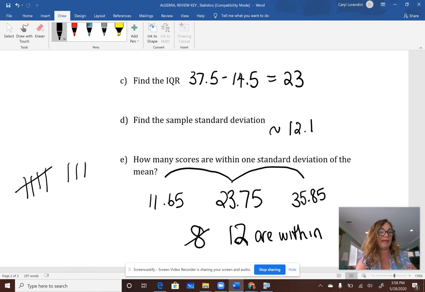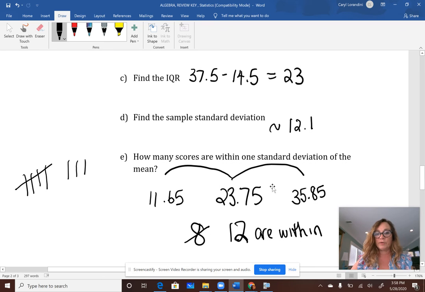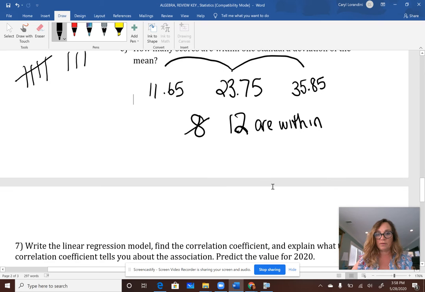Okay, so let me count that again just to make sure. So 1, 2, 3, 4, 5, 6, 7, 8, 9, 10, 11, 12. Good job. Okay, because there were 20 scores.